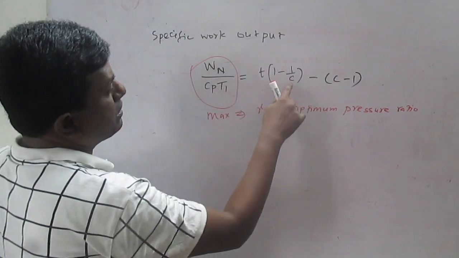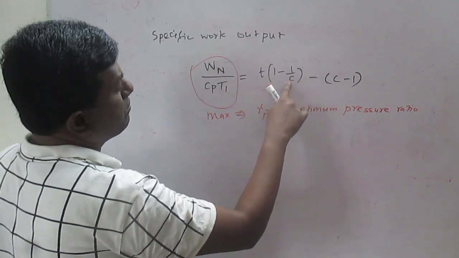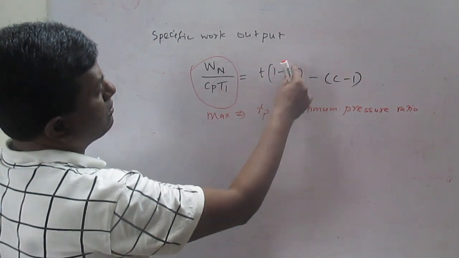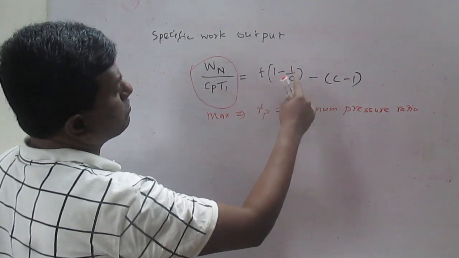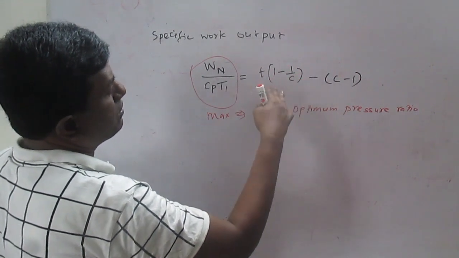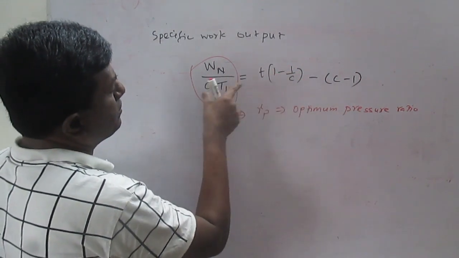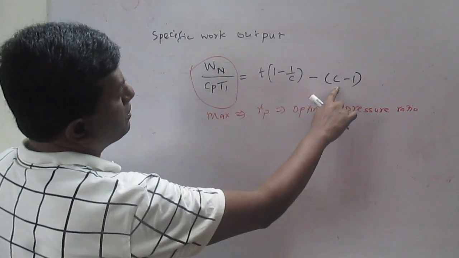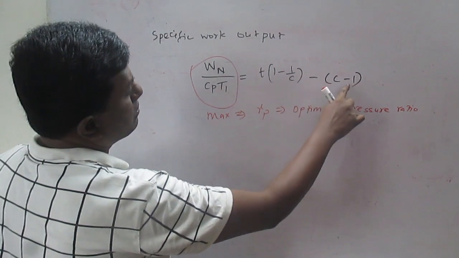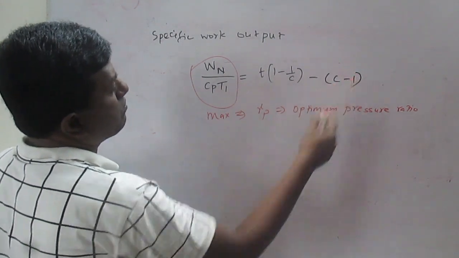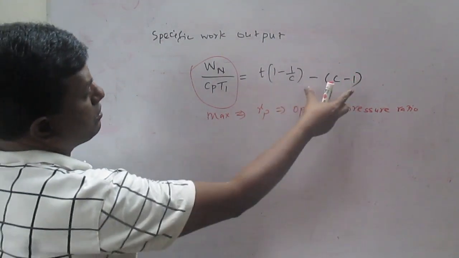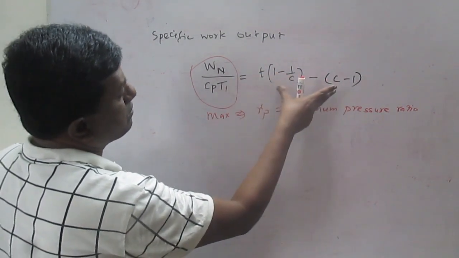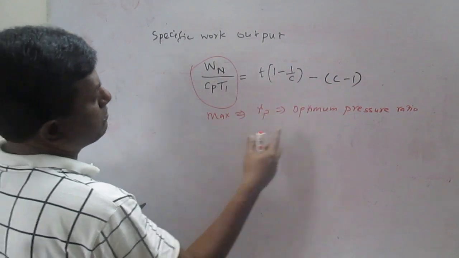Generally, if it is maximum, then 1 by this quantity will be smaller, the ratio will be smaller, so 1 minus smaller will be larger, so it will be maximum. Then here also, when this quantity is maximum, this minus 1 also will give the maximum. So the combined effect of this equation will give the maximum.